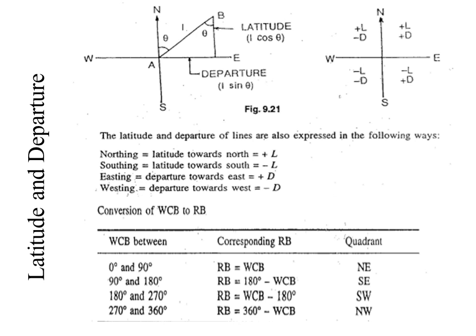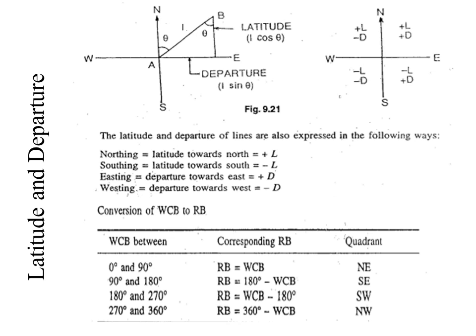For example, if the WCB is between 0 to 90 degrees, then reduced bearing equals whole circle bearing, and that line lies in the northeast quadrant. Similarly, if the whole circle bearing is in the range of 90 to 180 degrees, then reduced bearing is calculated as 180 degrees minus whole circle bearing, and the line lies in the southeast quadrant.